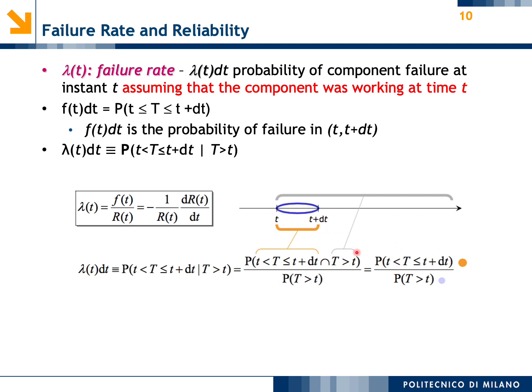So what happens is that the probability that the event of failure happens in the interval, given that the component was working at the beginning of the interval, is equal to the probability that the event happens inside the interval, divided by the probability that the event happens after the beginning of the interval.